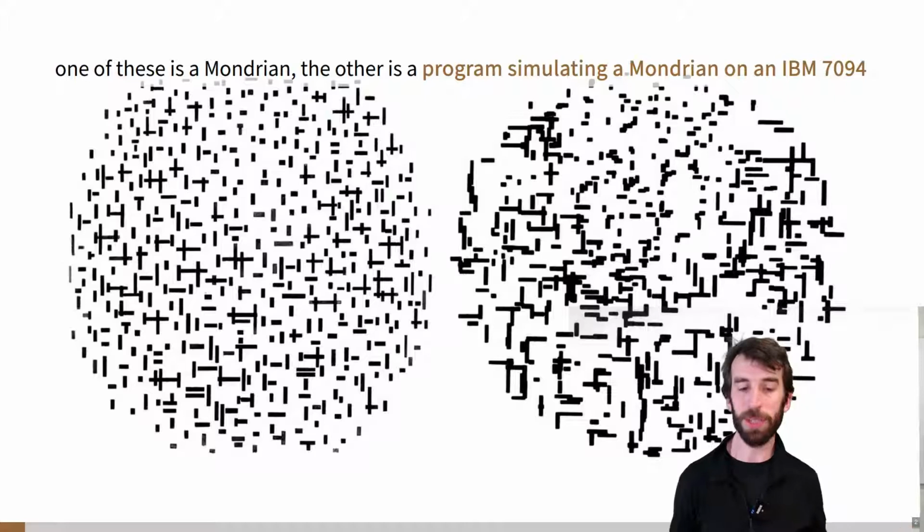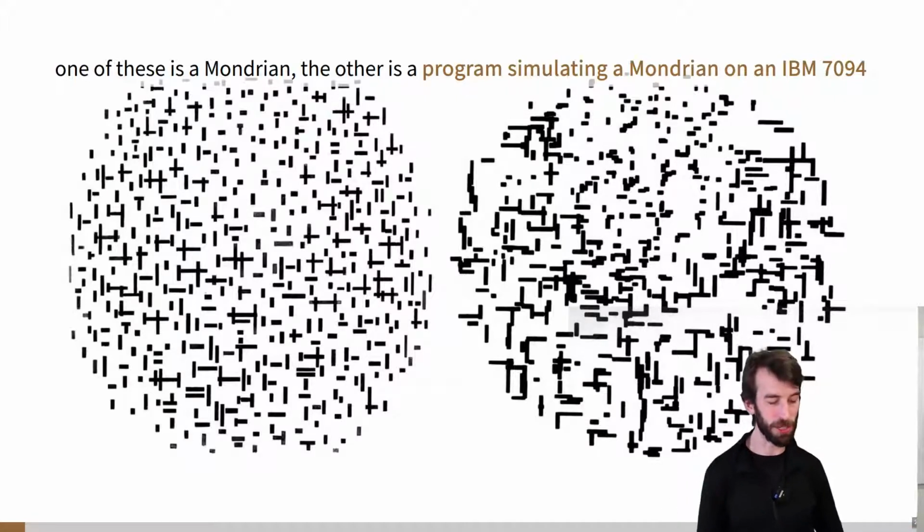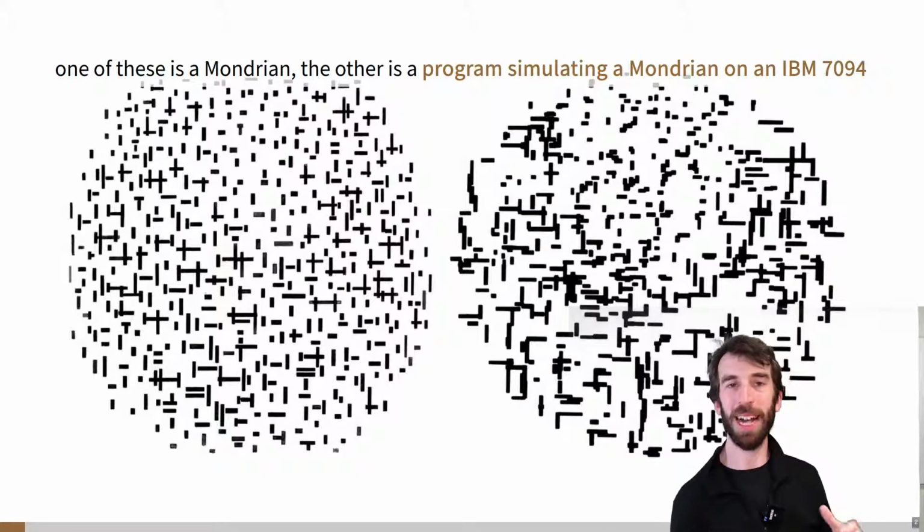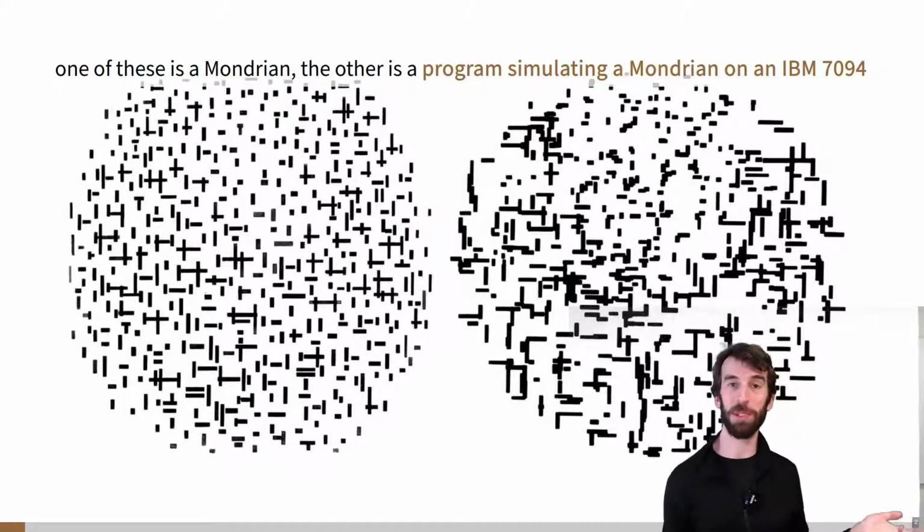But there were folks doing some interesting research, and one of them was a computer programmer called Noll, who decided to have a look at using computers to draw things. He realized that he could start to draw things that looked a bit like the artworks of Piet Mondrian.